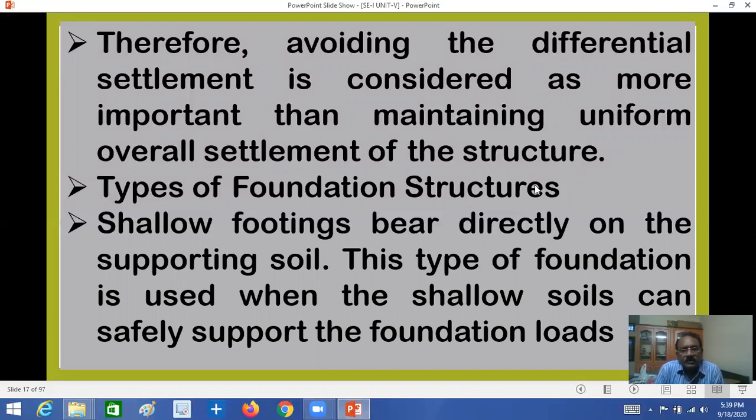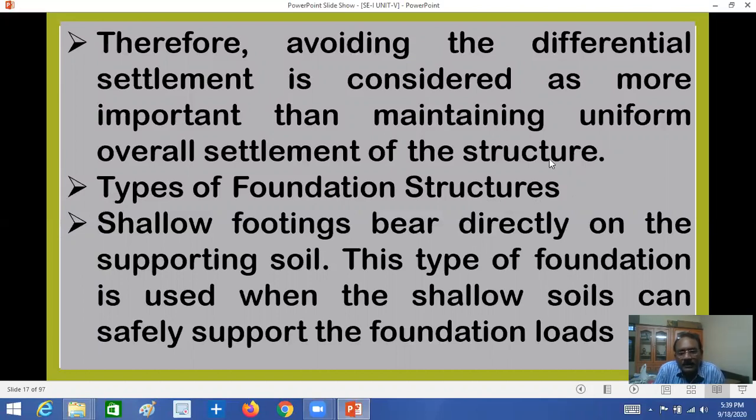Types of foundation for different structures. Soil foundation directly on the supporting soil. This foundation is used when the soil can safely support the foundation loads. What does this mean? This is hard soil, good soil. In good soil conditions, we go for shallow foundation.